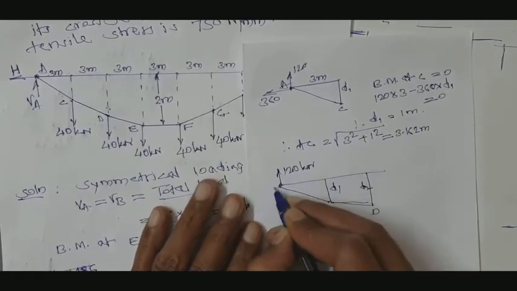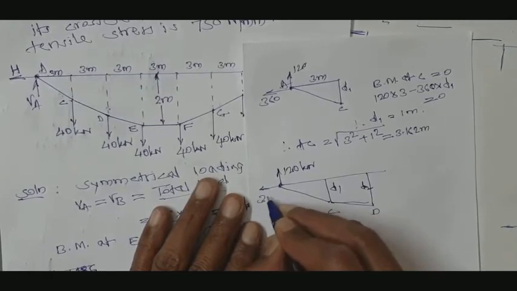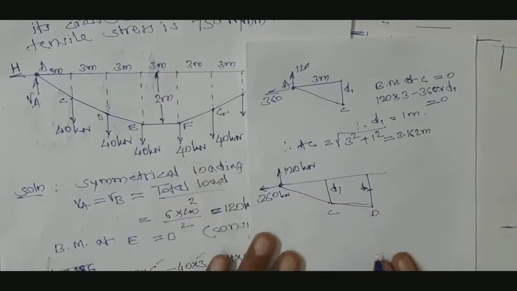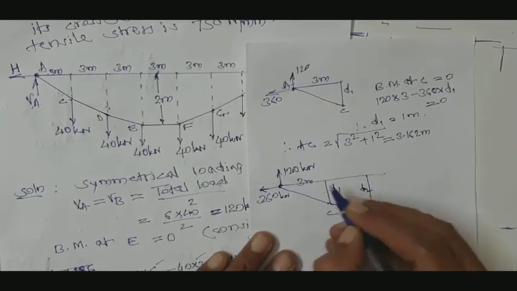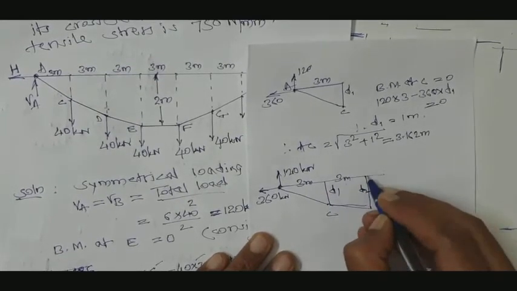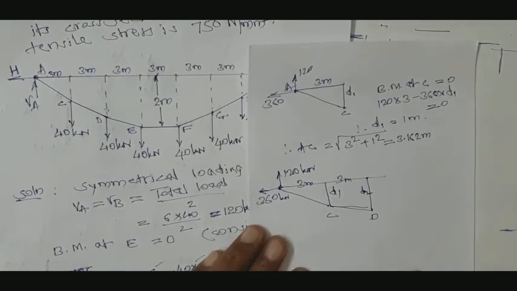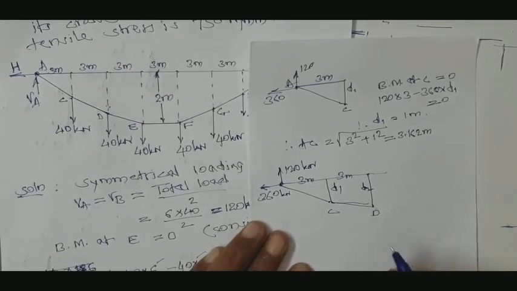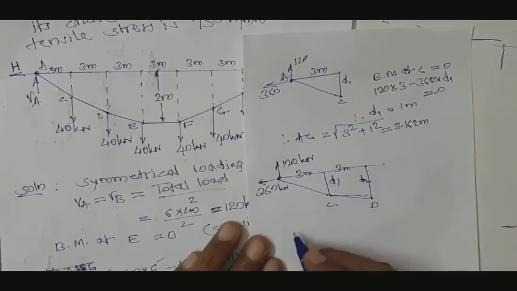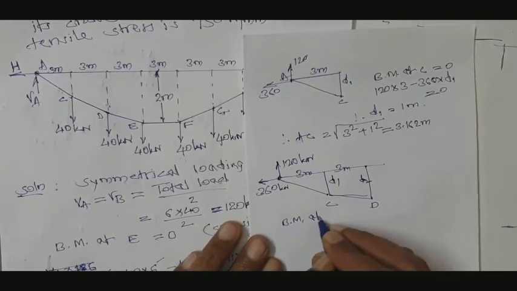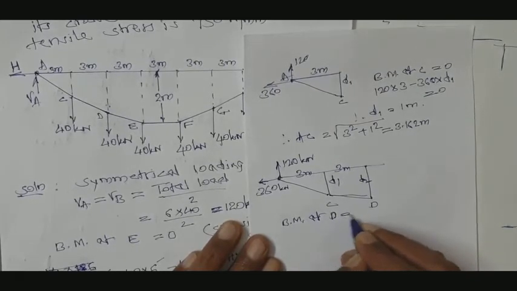Okay, this is 360 kilonewton, that is H, right? This is 3 meter and this is 3 meter. Now if you write the bending moment at D, what will you get? You will get this D2. What is that? Let us see. Bending moment at D equals 0.